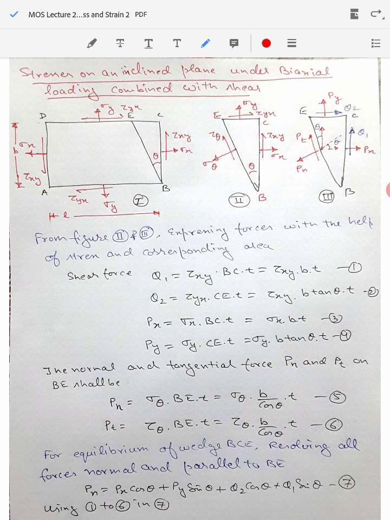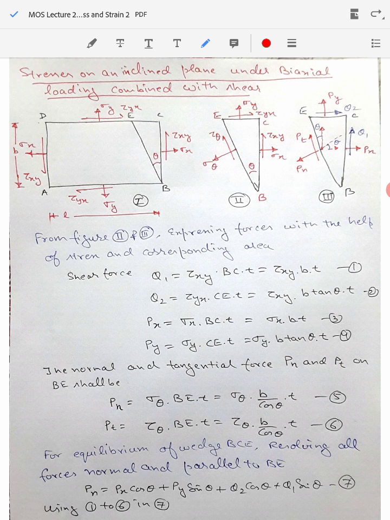Now let's draw this wedge shape portion BCE of the block separately, and draw all the applied stresses on it. So sigma x, sigma y, and tau xy, tau yx are shown here, acting respectively on BC and CE of this block.